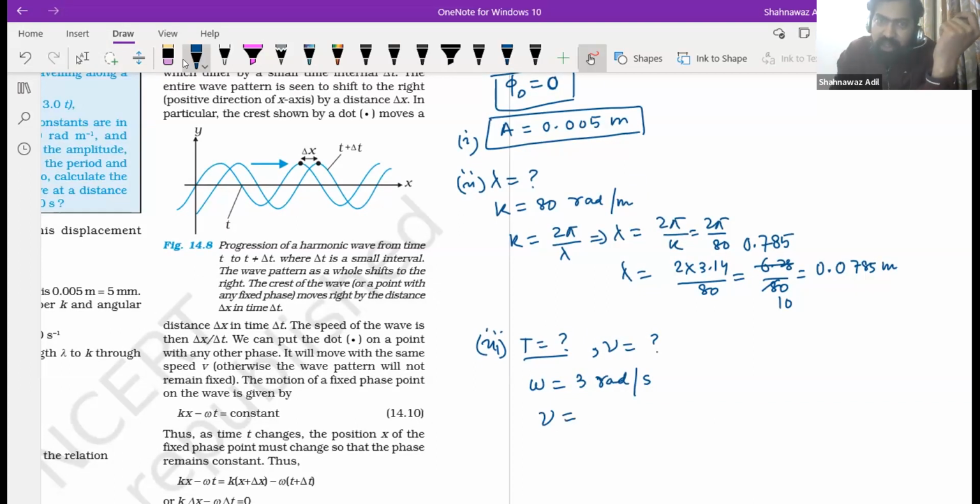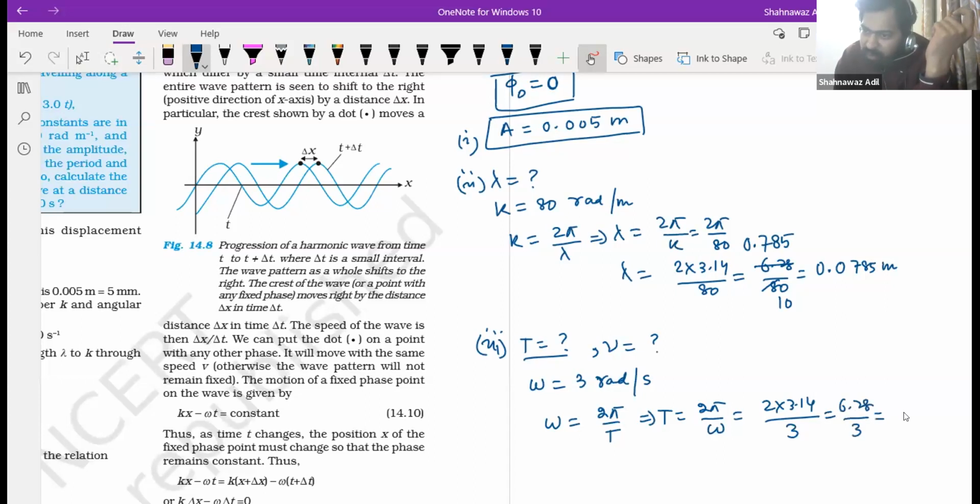We know that omega is 2 pi by T. So T would be 2 pi by omega. So 2 into 3.14 divided by 3 again. Right, so this is 6.28 divided by 3. And then this is 2.09.